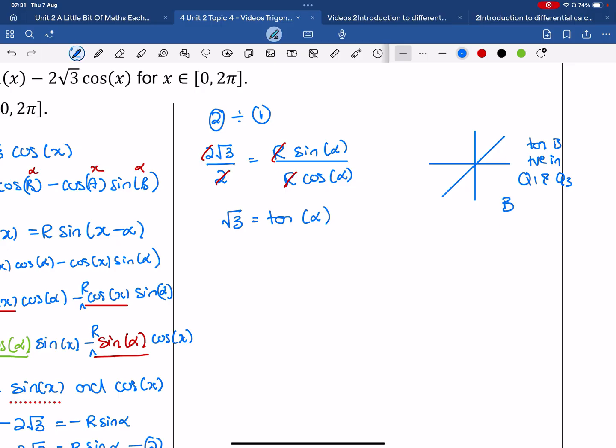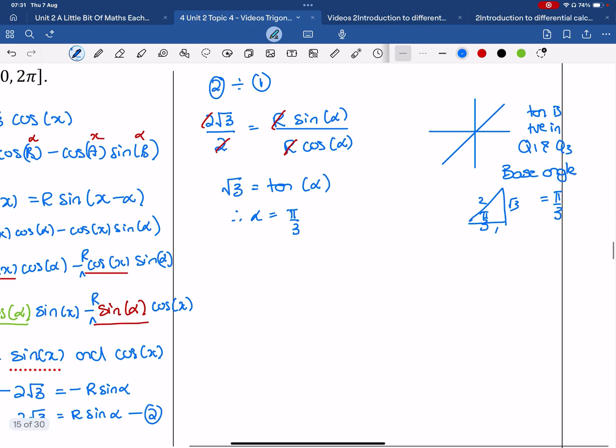And my base angle for a tan of root 3 is going to be pi on 3, root 3, 1 and 2. My base angle is pi on 3. Okay, so therefore alpha is going to be pi on 3. All right.